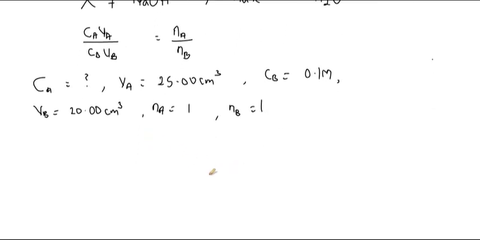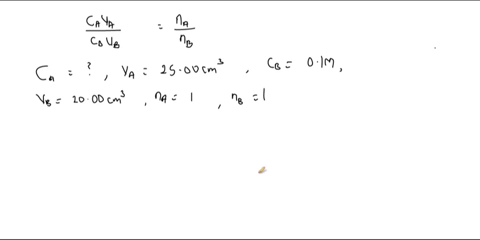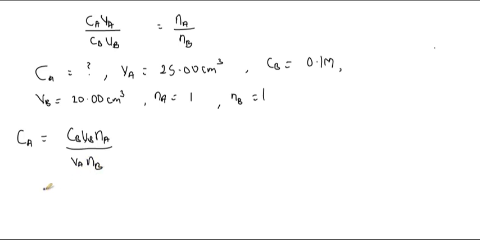Ca is unknown. We'll be making Ca the subject of the formula. Ca equals CbVbNa divided by VaNb. So let's substitute the values.